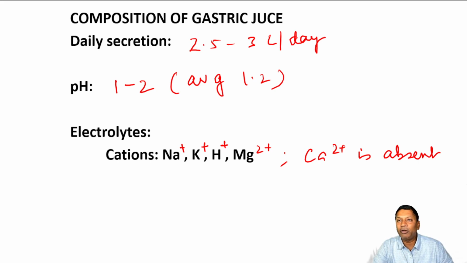The concentration of the sodium ion depends upon the rate of secretion of the gastric juice. When the gastric juice secretion rate is low, the concentration of sodium ion is high and the concentration of hydrogen ion is low.